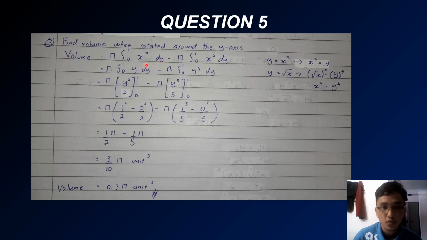For the first x power 2, we use the equation y equals x power 2. We make x power 2 the subject, equal to y. The same for the equation y equals square root of x: we raise both sides to the power of 4, and we get x power 2 equals y power 4.